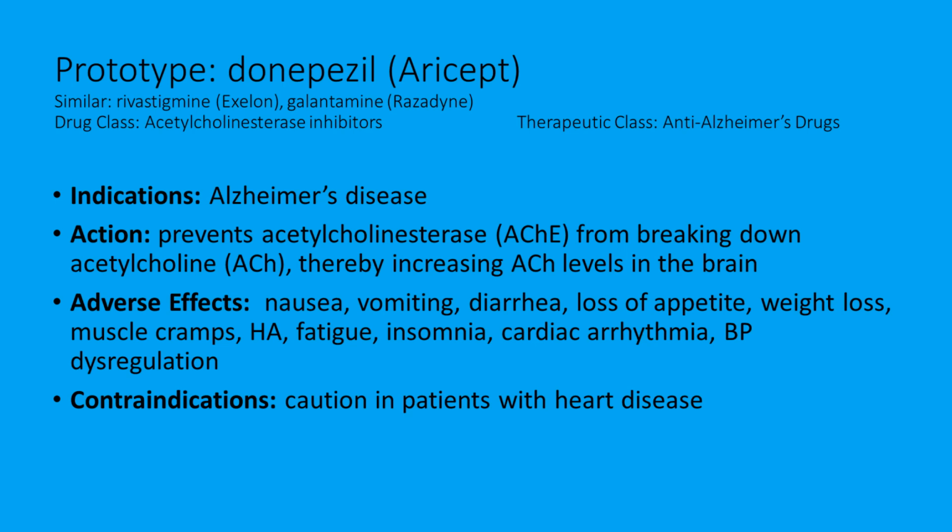If they were effective, most of you would have heard about these fantastic drugs that reverse someone's memory loss, and that isn't the case. So what do these drugs do?